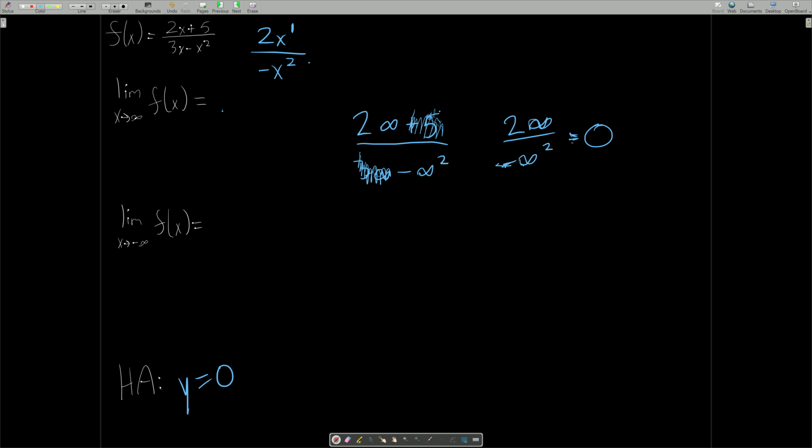And so if you go to a party and you have to cut this tiny little cake for 1 million people equally, you probably won't even be able to see the piece of cake you get because it's just that small. It's basically 0. It's basically nothing to you. And that's why if you have a bigger degree on the bottom than on the top, your horizontal asymptote is going to be 0.